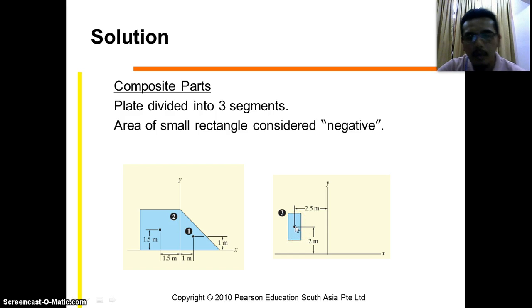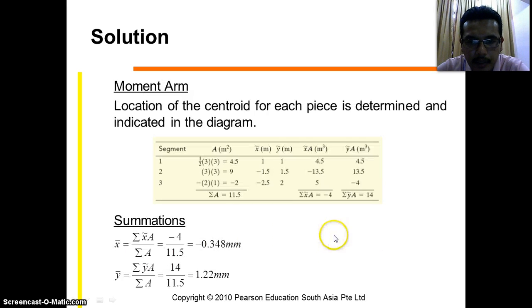For the location of the centroid with respect to the x and y axes, we need to measure to the y-axis and to the x-axis. Please note that from the origin (0, 0) to this point is the negative x direction and the positive y direction. That's why it is negative in x, positive in y.